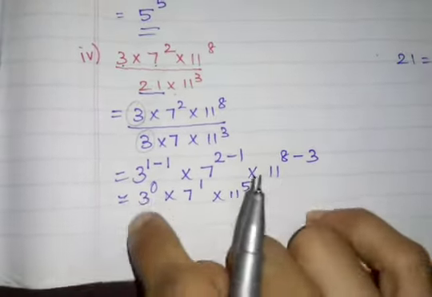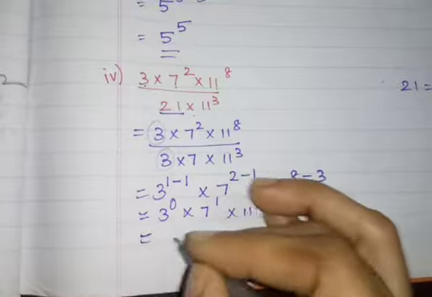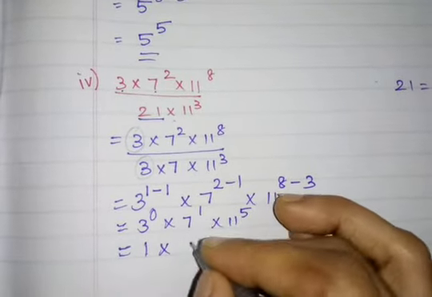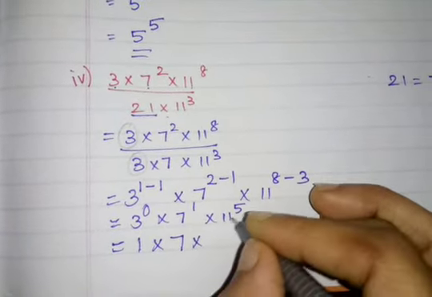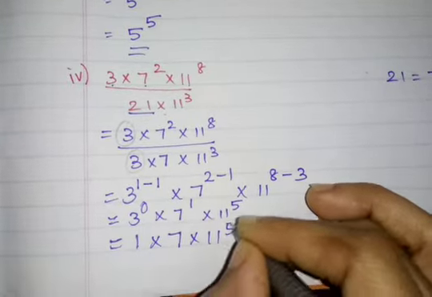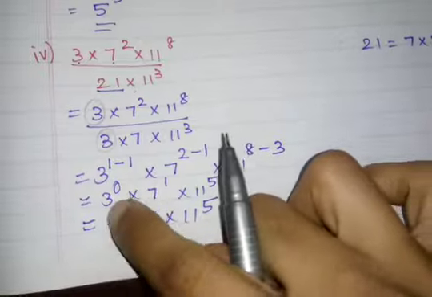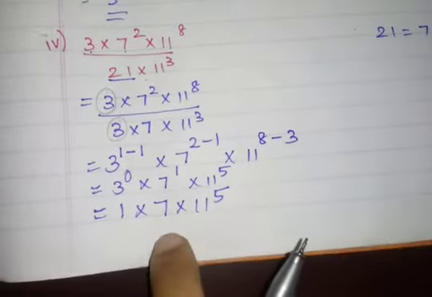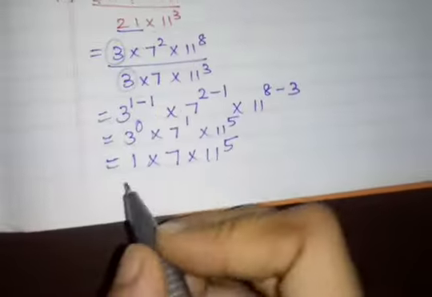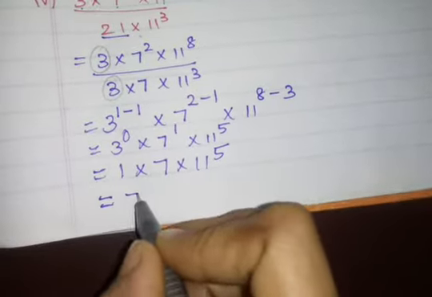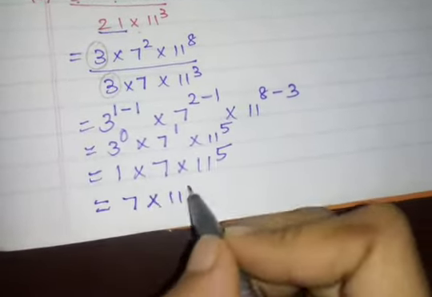Okay. 3 power 0 is 1, into 7 power 1 is 7, into 11 power 5 is 11 power 5. 7 power 1 means 7 only, no? 3 power 0 is 1, so 1 into 7 into 11 power 5, which you write as 7 into 11 power 5.